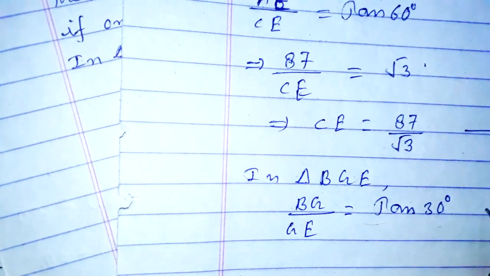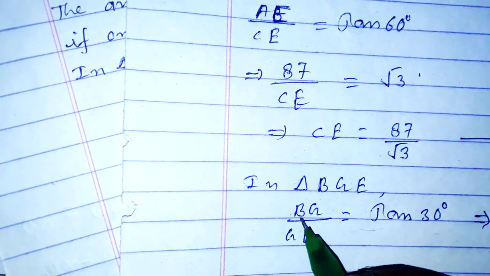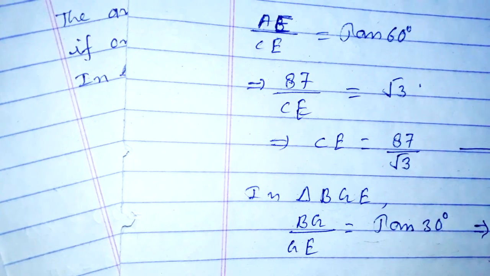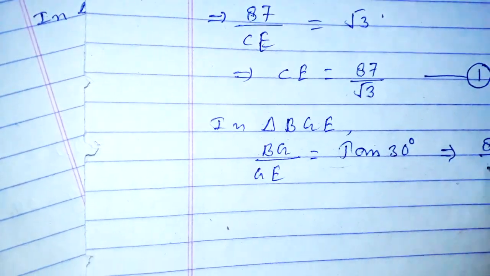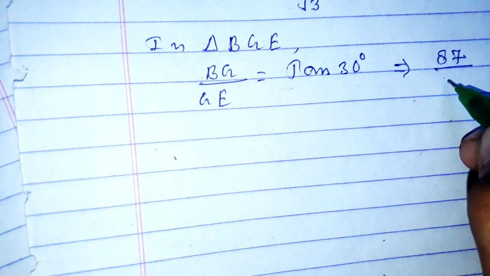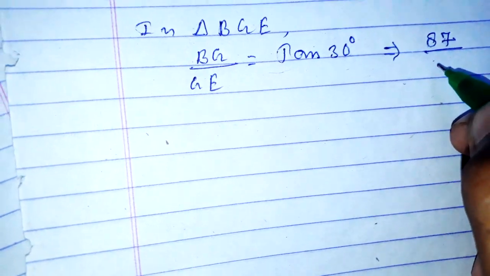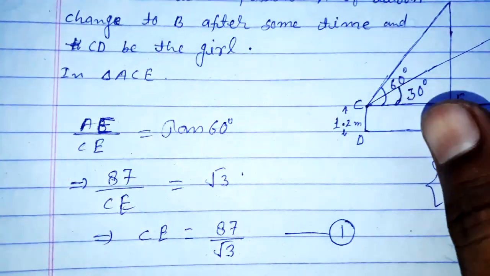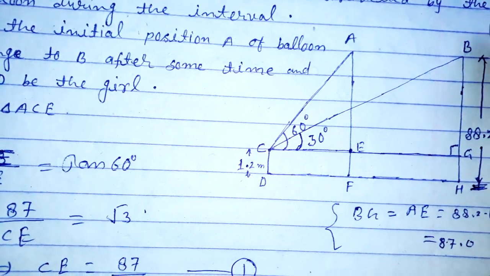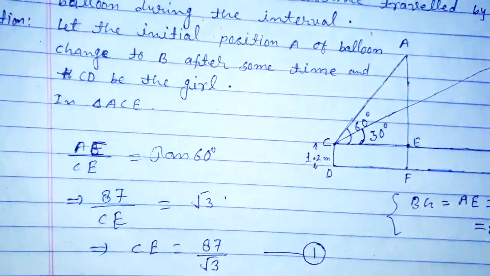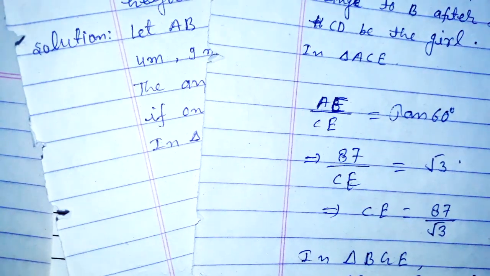So what is the value of BG? BG is 87. Here is the complete triangle BGC.